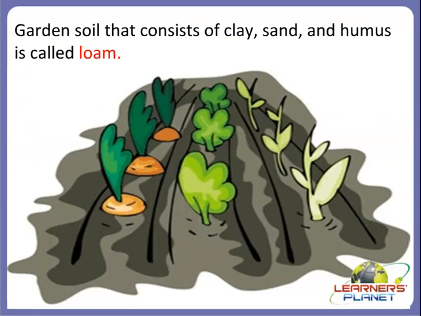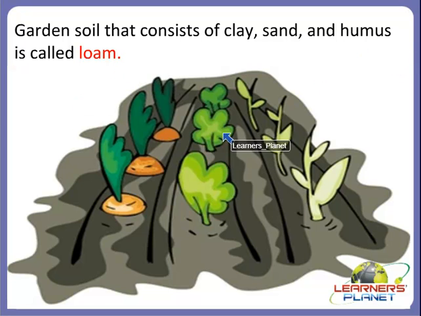Alright children. So children, we can say that the garden soil that consists of clay, sand and humus is called loam. Alright children. So what is loam? Yes, the garden soil that consists of clay, sand and humus is called loam.